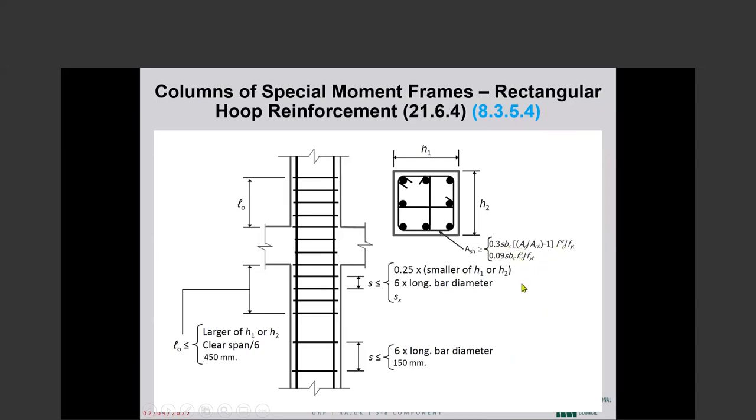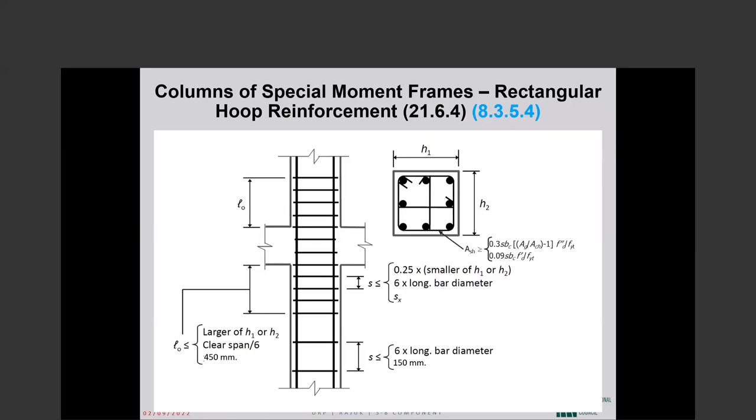So as we go from 4 ksi to 6 ksi to 8 ksi concrete, the required cross-sectional area of transverse reinforcement increases. Okay, so that means that for the same bar size, the spacing has to be tighter and tighter. And when we end up with 1.5 inch or 1 inch spacing, concrete cannot be placed anymore.